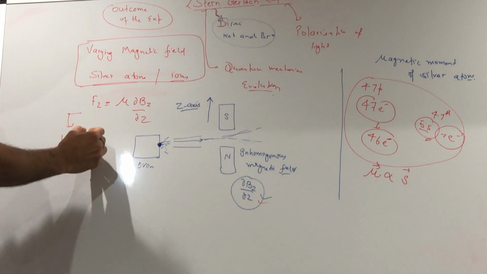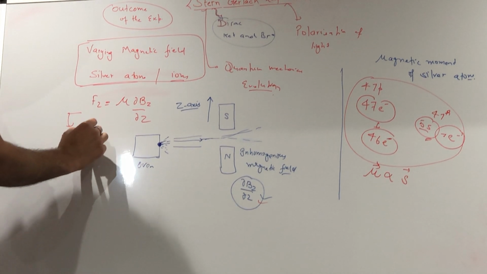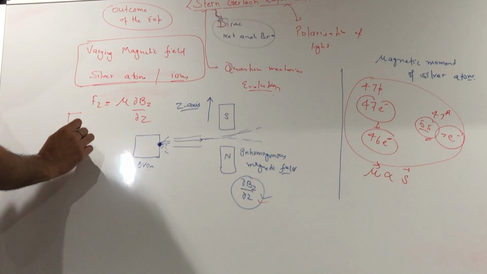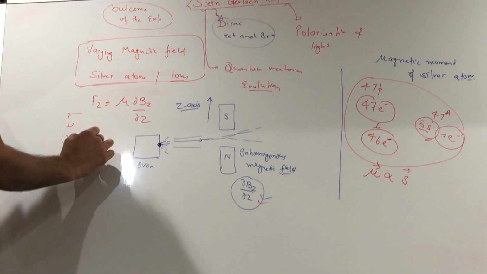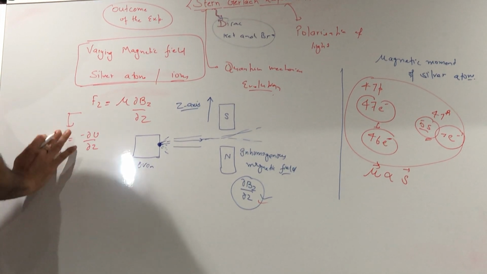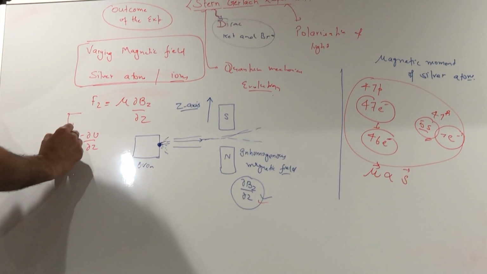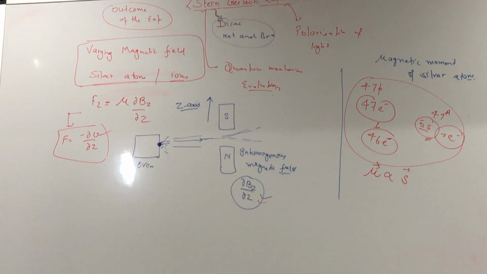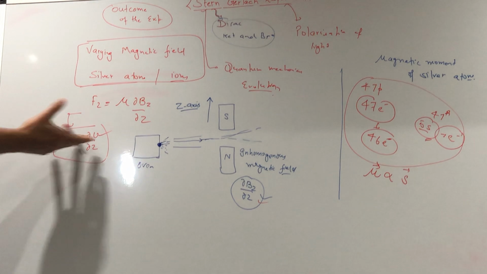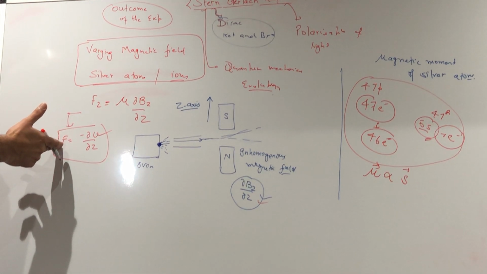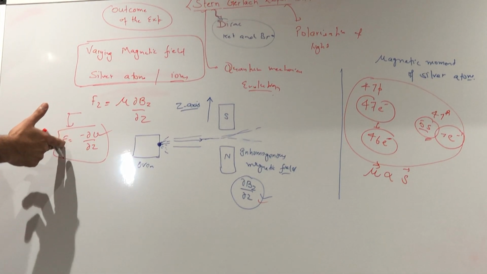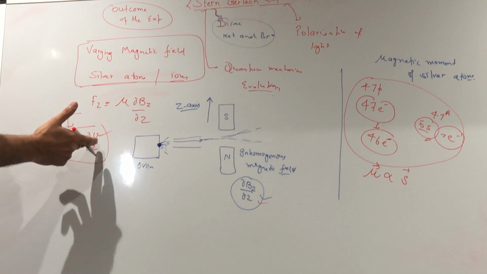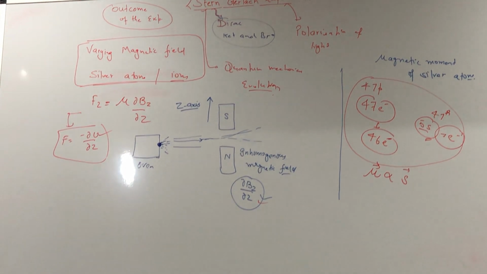The interaction energy is given by F = −∂U/∂r, where U is the interaction energy here. So this is how the force acting on the electron is calculated.